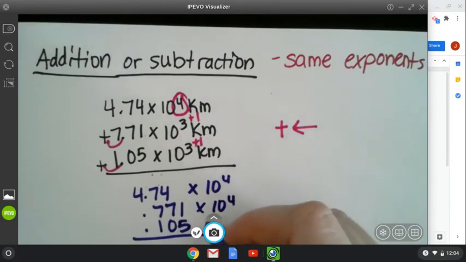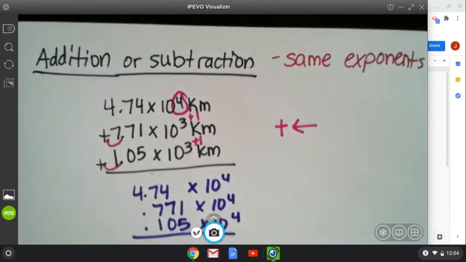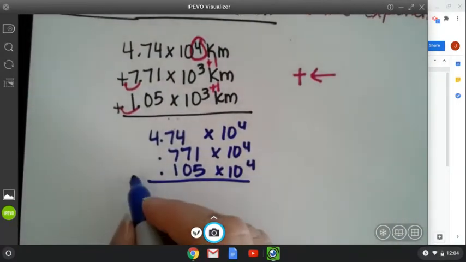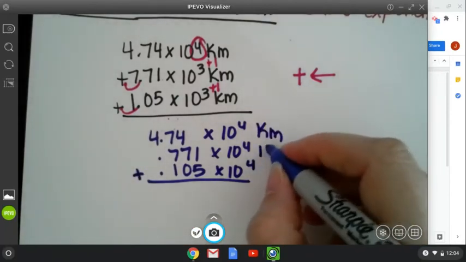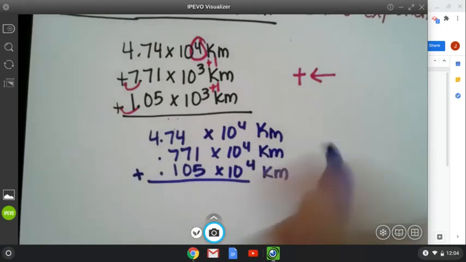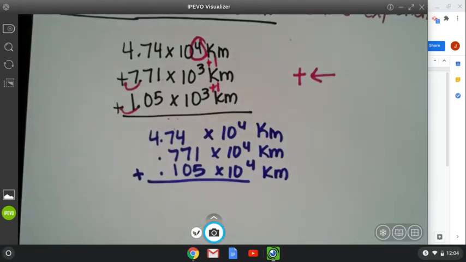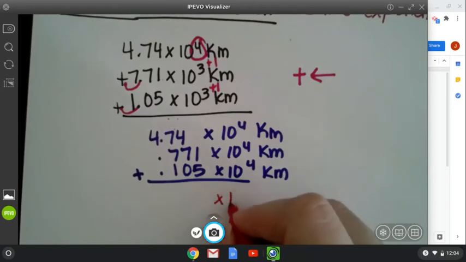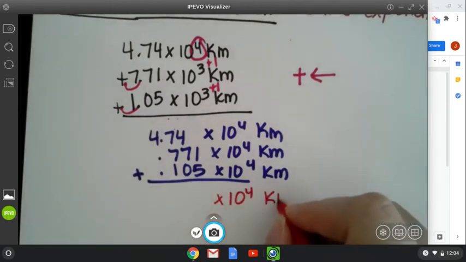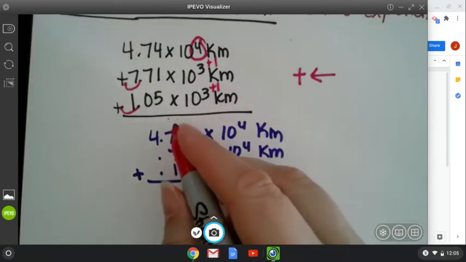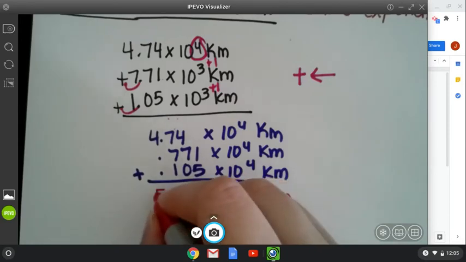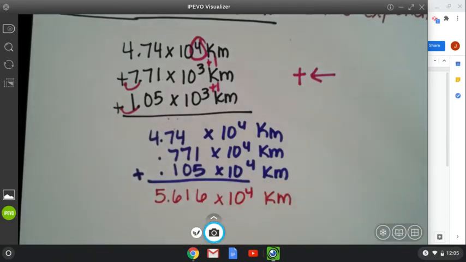Always keep your exponents, and always keep your units as well. So I'm going to have 10 to the 4th kilometers. If I add these together, I get 5.616 times 10 to the 4th.